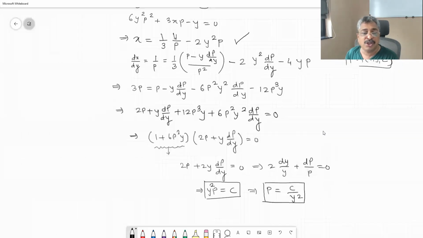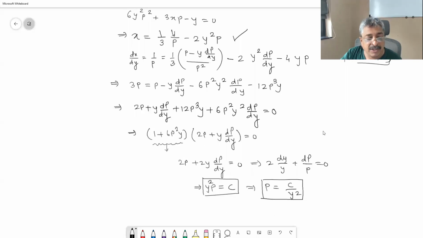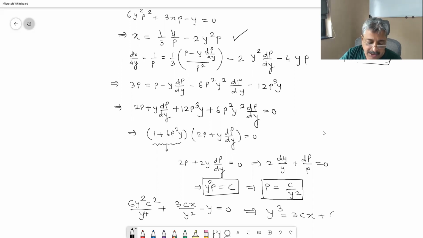Therefore, the solution of the given differential equation looks like 6y square c square upon y fourth plus 3cx upon y square minus y is equal to 0, which is the same as y cube is equal to 3cx plus 6c square.